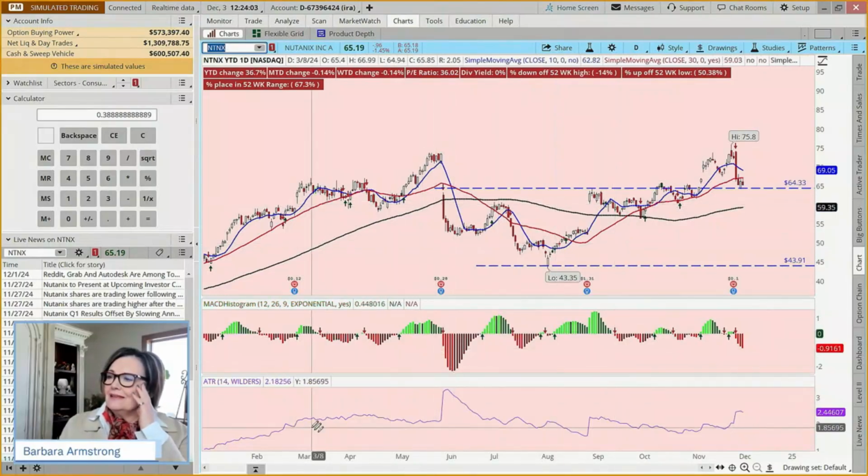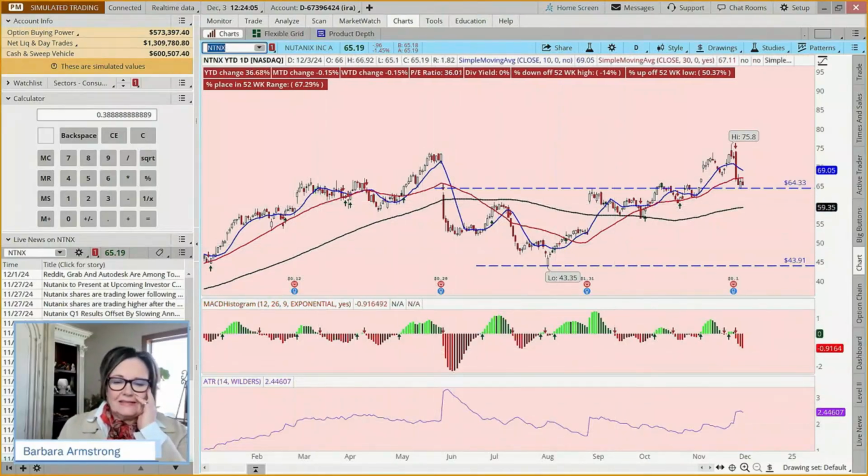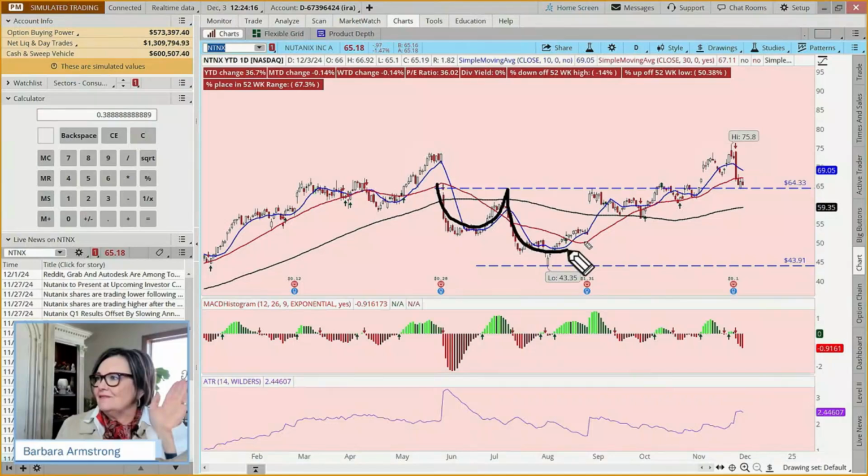To me, this is more like a Russian stacking doll kind of pattern, which isn't an official pattern as far as I know. But do we see kind of this inverted head and shoulders pattern here? Do you see it? So it came down to 43, came up to this 64-ish level.